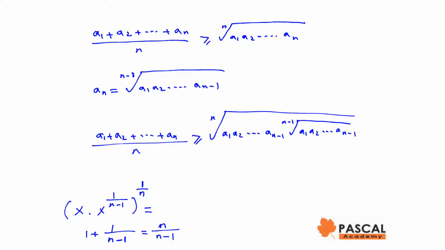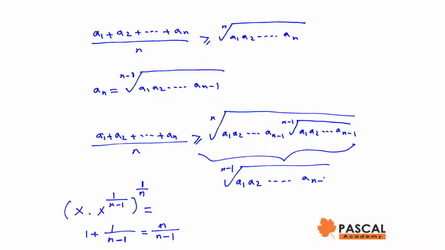And this gives us the n minus 1th root of a1, a2 to an minus 1, which is an. As a result, a1 plus a2 plus ... plus an over n is greater than or equal to an.